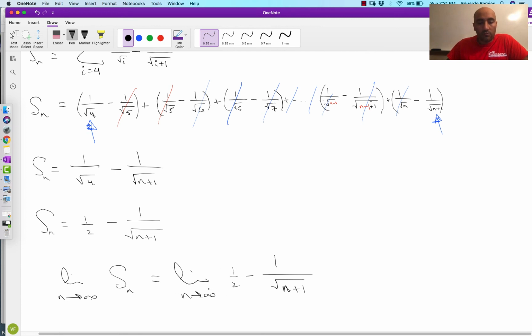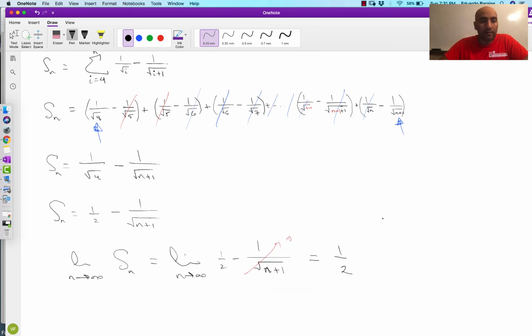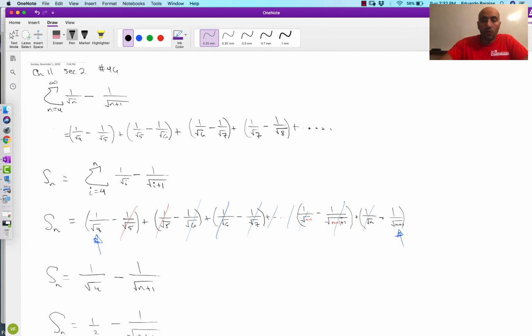This term is not affected by n, and in this term, as n goes to infinity, the denominator gets infinitely large, positive. 1 over a number that's getting infinitely large converges toward 0. So this limit goes toward 1/2. That's what we conclude about this telescoping series: the whole thing will converge toward 1/2.